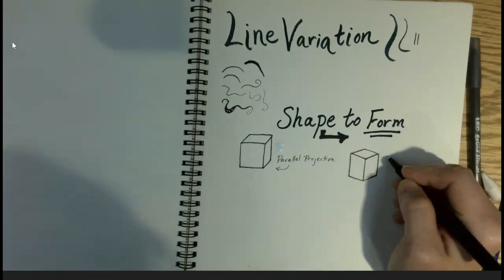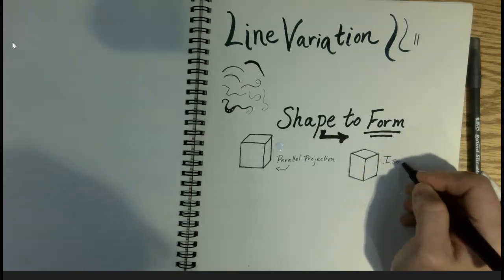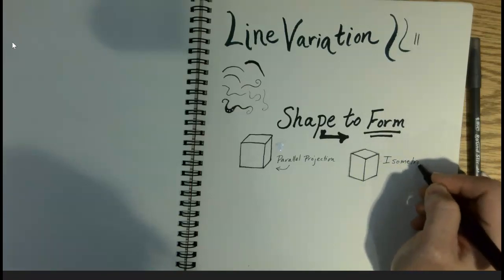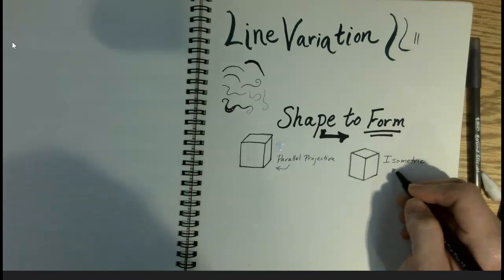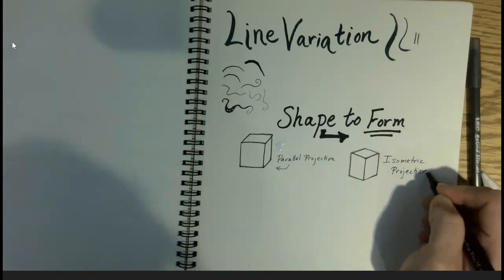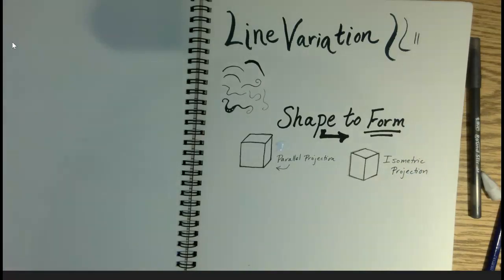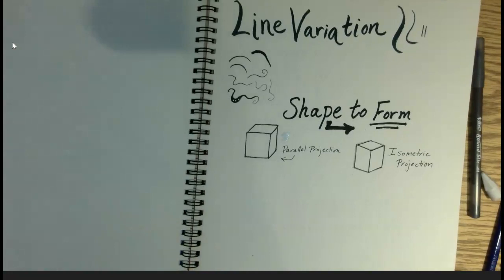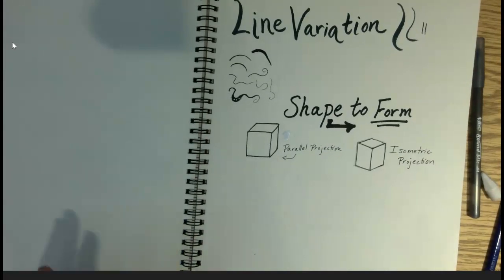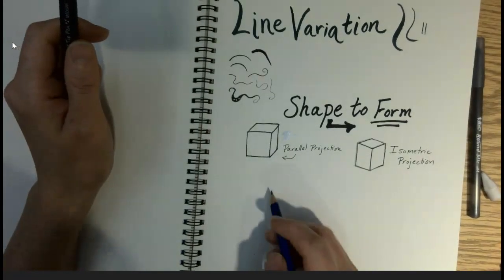All right, so when it's at an angle like this, it's isometric. So isometric projection, or you might see that called isometric perspective as well.